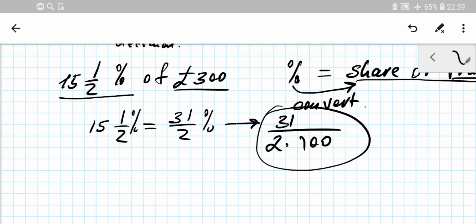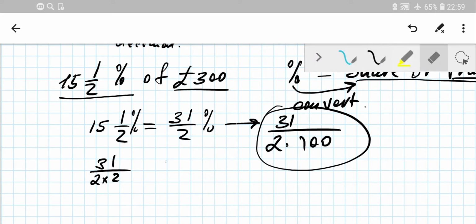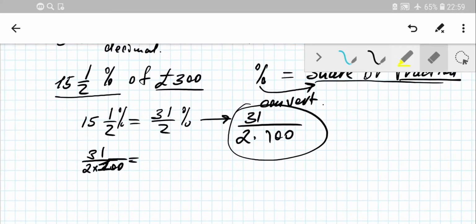So you're simply taking this fraction and multiplying it by 300 pounds. Okay, let me scratch it out and do it one more time.